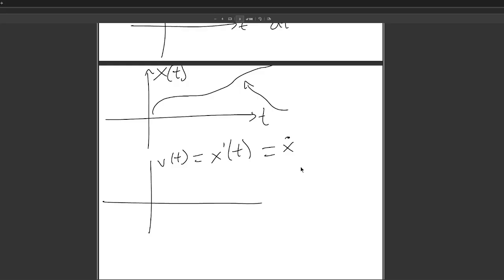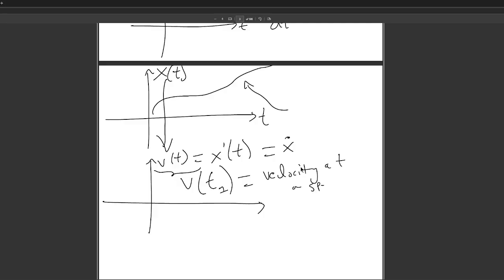If I ask you to define the speed of the car at a specific time, I find its velocity function by differentiating, and I get velocity. And then I evaluate velocity at a specific time, some t1, let's say. That's velocity at a specific time.